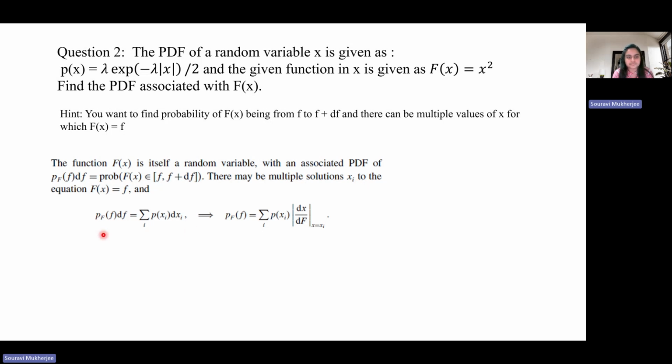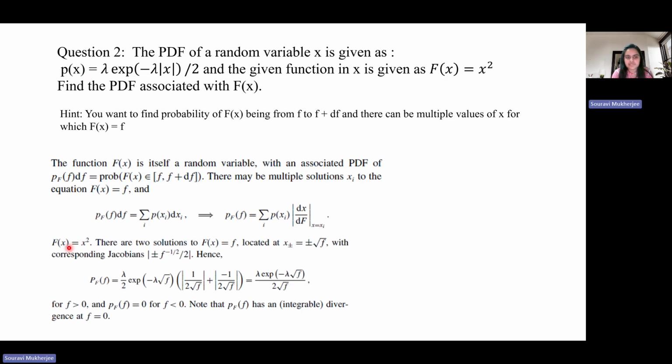So what you can write is that p_f(f) df is nothing but the summation over all the possible solutions of x, of p(x_i) dx_i. From here you can rewrite p_f(f) as the summation over i of p(x_i) times dx/df at x equal to x_i. If we look at an example, you would understand how this is coming up.